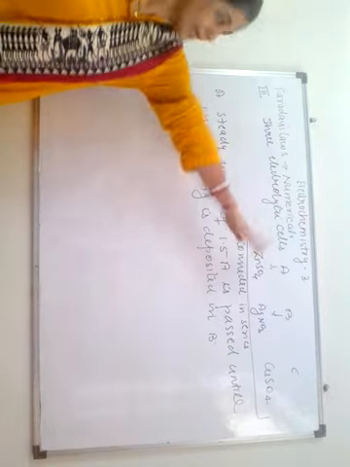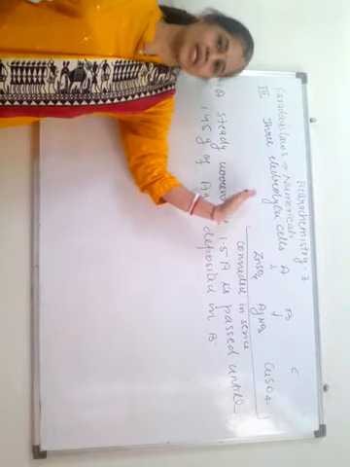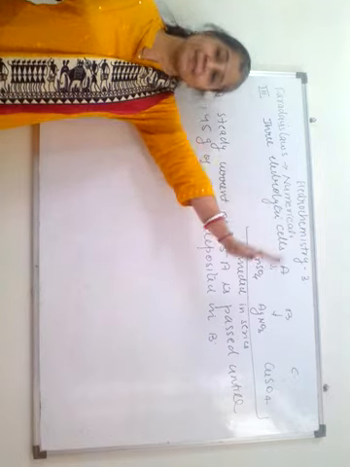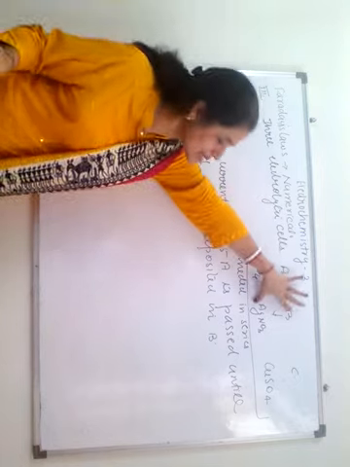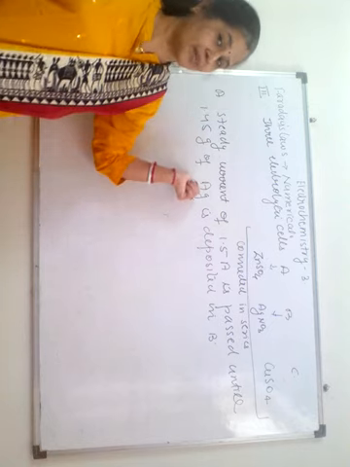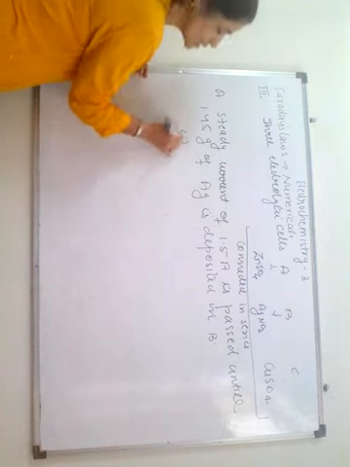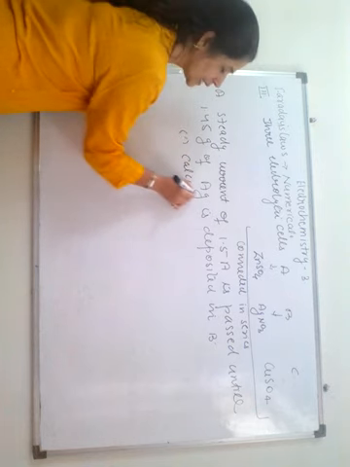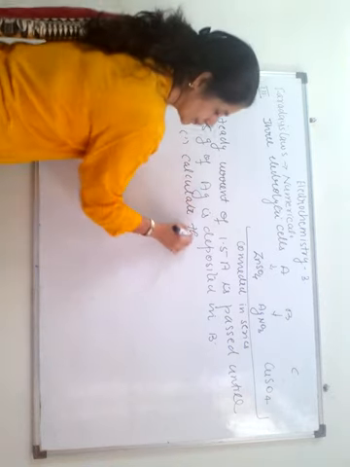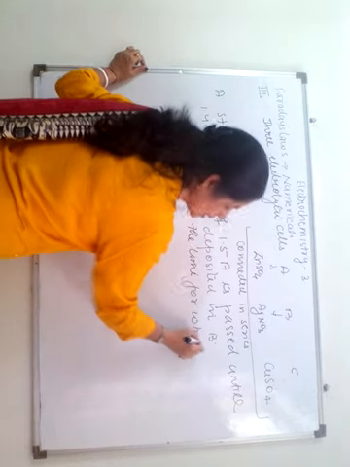ये 3 cells हैं. 1.5 ampere current तीनों में पास कर रहे हैं. कब तक? जब तक कि यहाँ पर सिल्वर डिपॉजिट होता है 1.45 grams. Time is not given. The first part of the question is calculate the time for which current is passed.